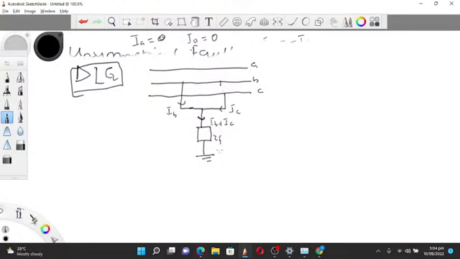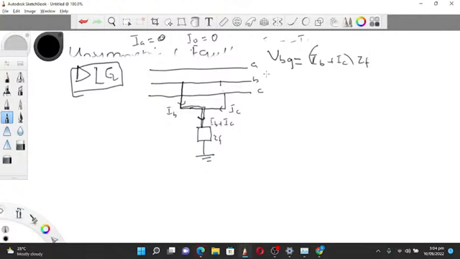From here, if we want VBG, we want the voltage from phase B to ground, it gives us IB plus IC times ZF.